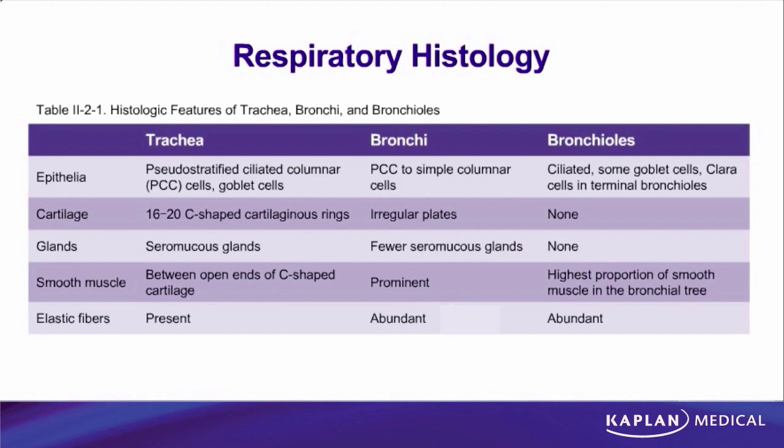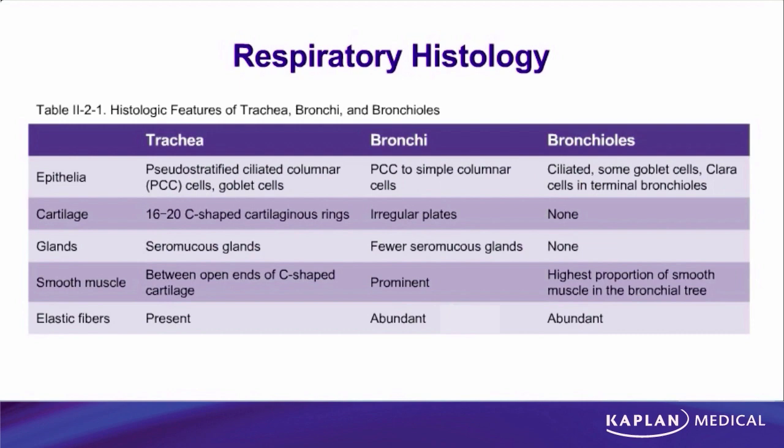We want to have mucus in order to trap foreign particulate matter that's in the air. We want to try to get as much of that out as possible before the air gets down to the alveoli. So we coat the conducting portion of the respiratory system with mucus, largely coming from goblet cells, and then we want to be able to move that mucus up out of the respiratory pathway, up into the pharynx so we can then swallow it.